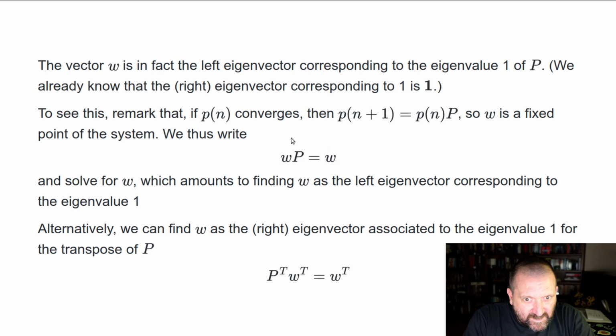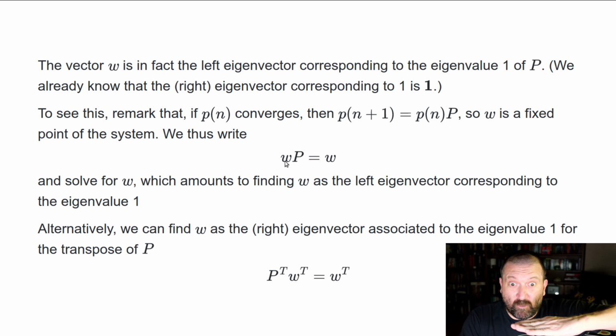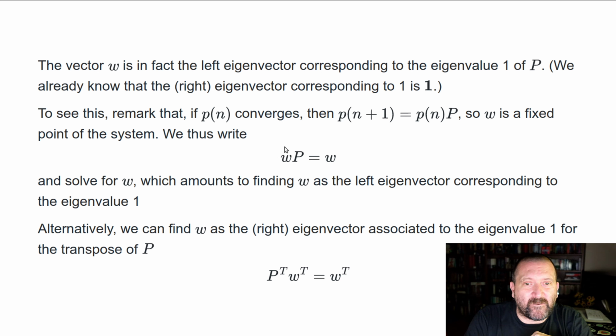And if you read this as an eigenvalue eigenvector equation, this is a row vector, okay? So this is the left eigenvector equation for the eigenvector W associated to the eigenvalue 1.